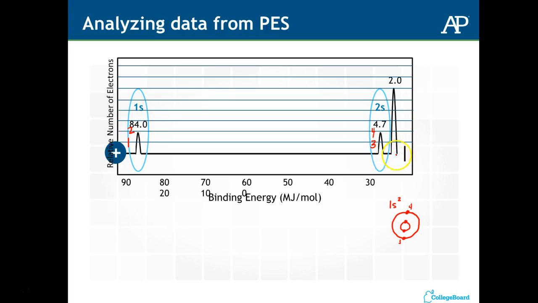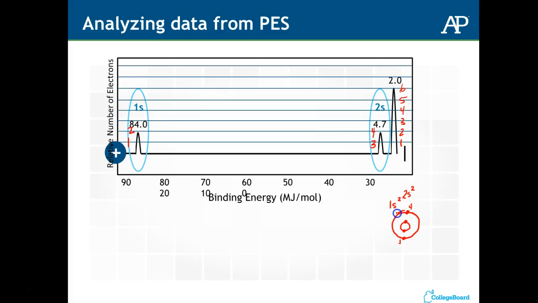Right next to that, not a huge distance away, we have another peak, and this peak has 1, 2, 3, 4, 5, 6 electrons, and it has almost the same binding energy as electrons 3 and 4. Remember 3 and 4 were our 2s2.